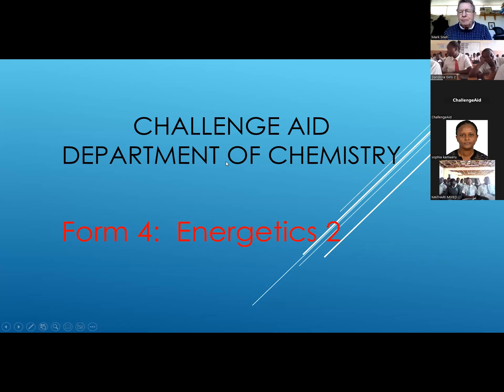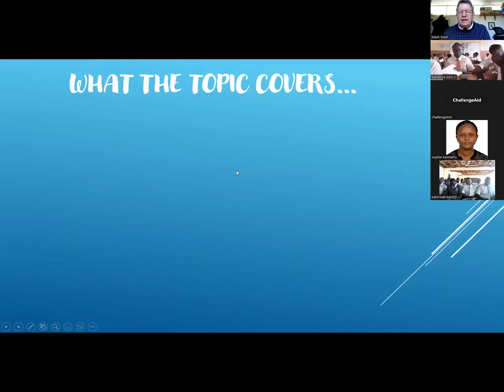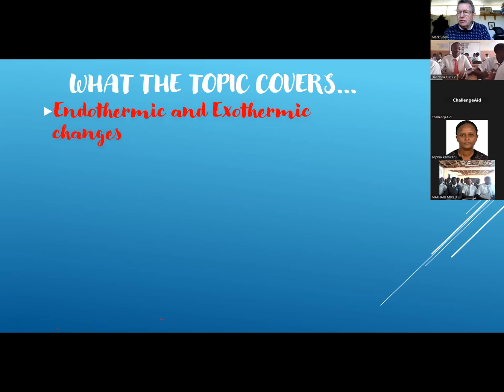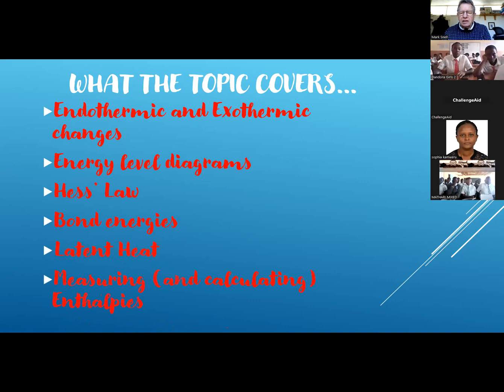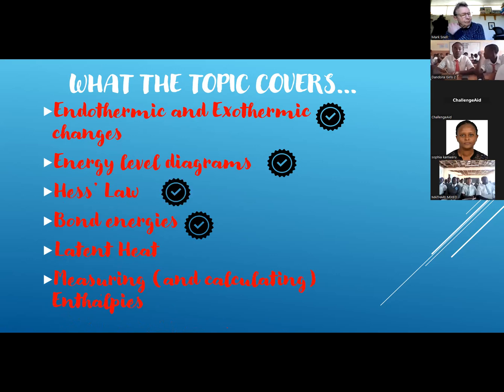So here it is. This is now Energetics 2. We said that what was in the specification, the syllabus, were these bits and pieces. And last time we did endothermic and exothermic changes. We looked at energy level diagrams, we looked at bond energies, and we looked at Hess's law.